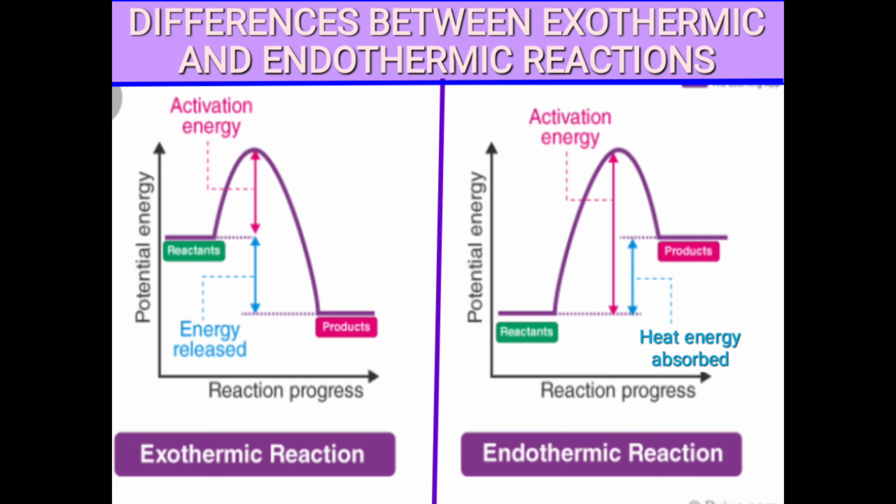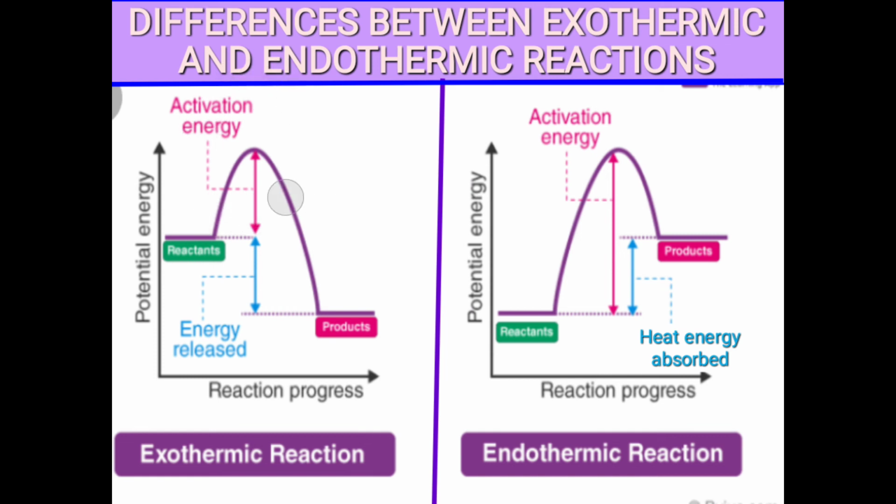In an exothermic reaction, we have to supply little energy. The reason is that the reaction proceeds by releasing heat energy to the system, and that energy released can support the reacting molecules to combine together and increase their kinetic energy and collisions, therefore causing the reaction to take place. So there's no need of supplying too much energy. We supply just a little energy to start off the reaction.